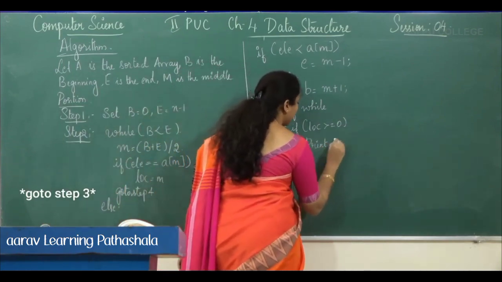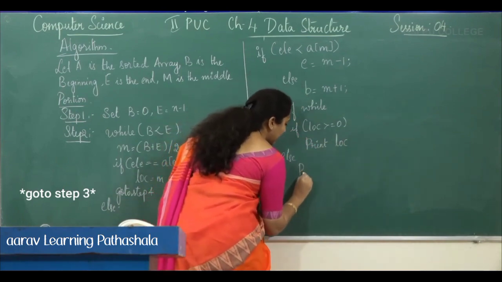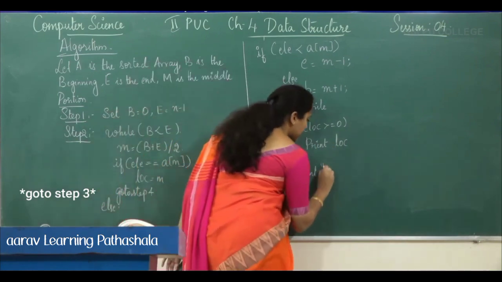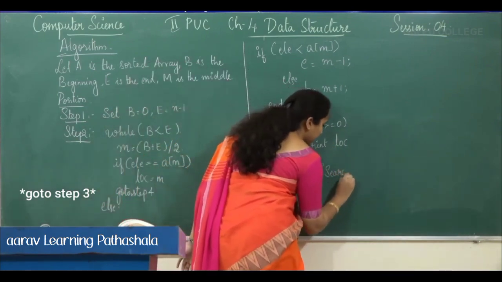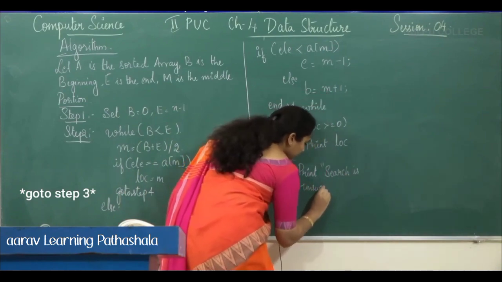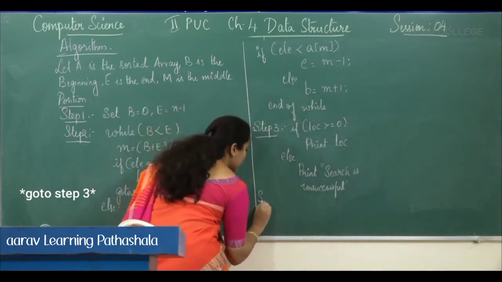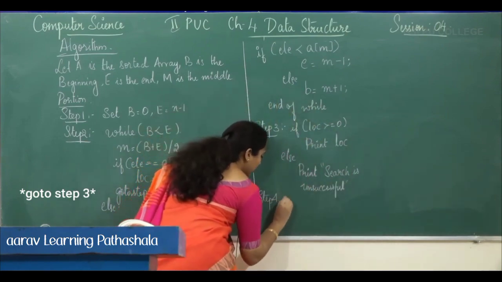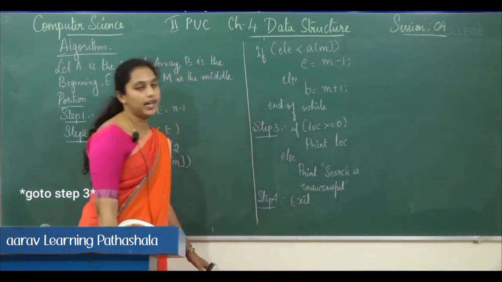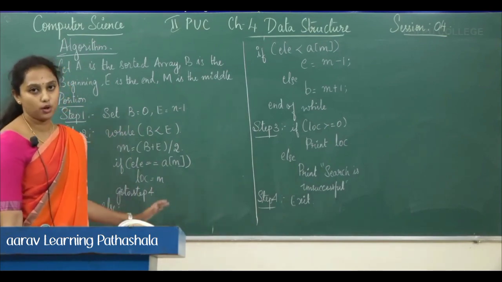Else we have to print that search is unsuccessful. Step 4, exit. So this is the binary search algorithm.